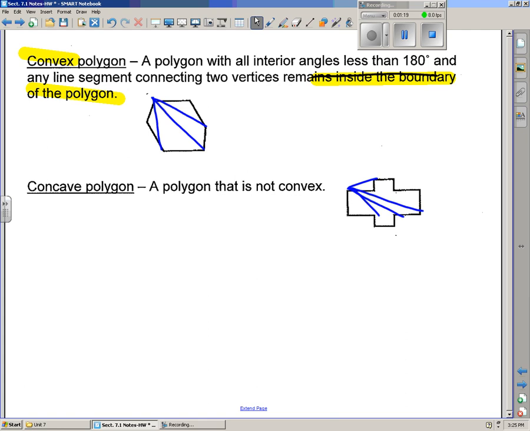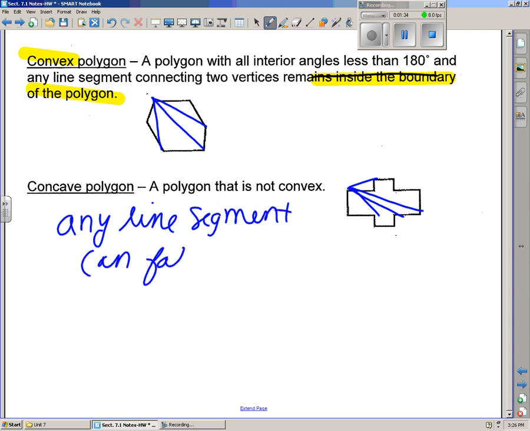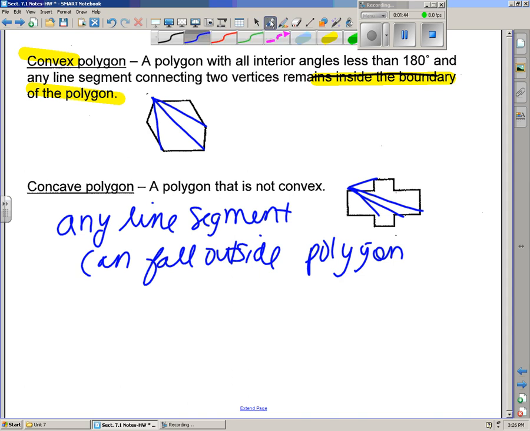So a concave polygon, silly definition, it's a polygon that's not convex, but really what you're looking at is any line segment can fall outside the polygon. And that particular line segment that we're talking about in this case would be the one that's right here. Okay?